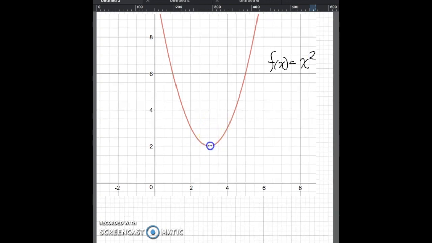Our vertex is right here. Okay, so our original parent function, we can draw a quick sketch here. Excuse my shaky hand. This one moved. It looks like it moved, or translated, I should say, 3 to the right and 2 up.